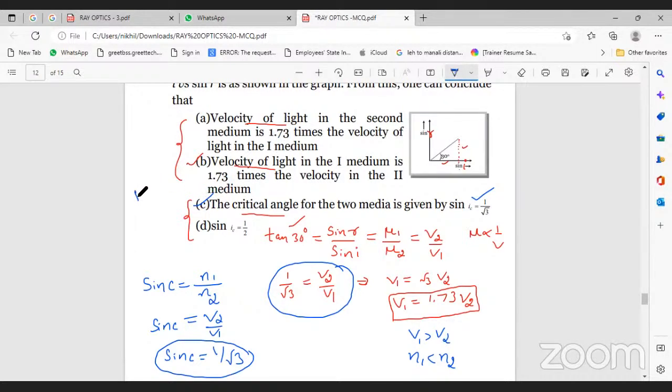For this special case, two options are correct, both B and C.